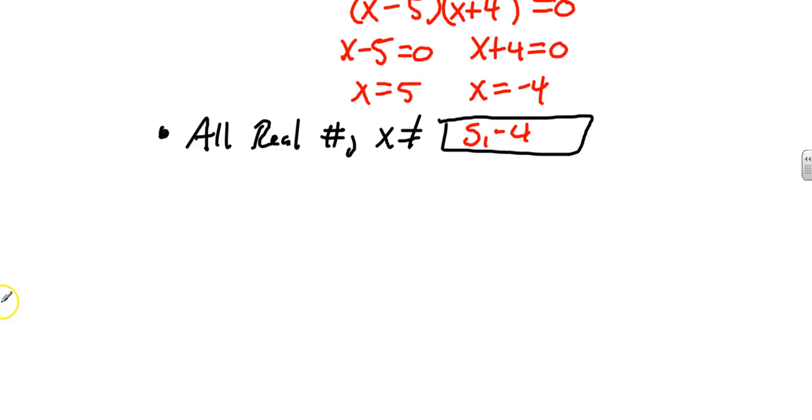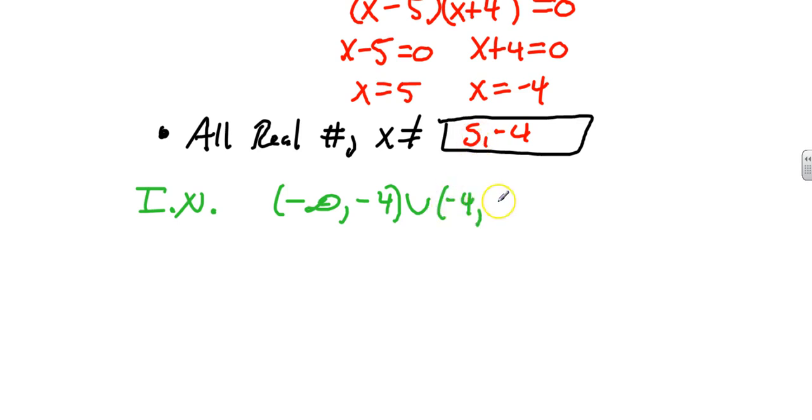Just in case they ask for interval notation, again, I don't think they do, but we'll go negative infinity up to negative 4, then from negative 4 up to 5, and then 5 to infinity. I'm almost 99% sure that they don't do this. They'll just give you a blank, and you tell them the numbers that you've got to leave out.